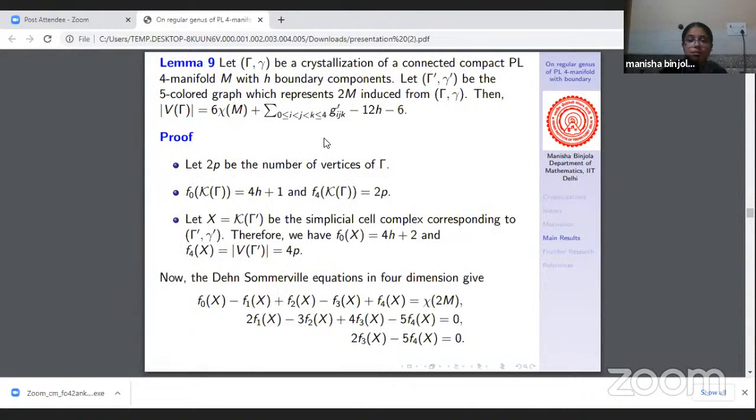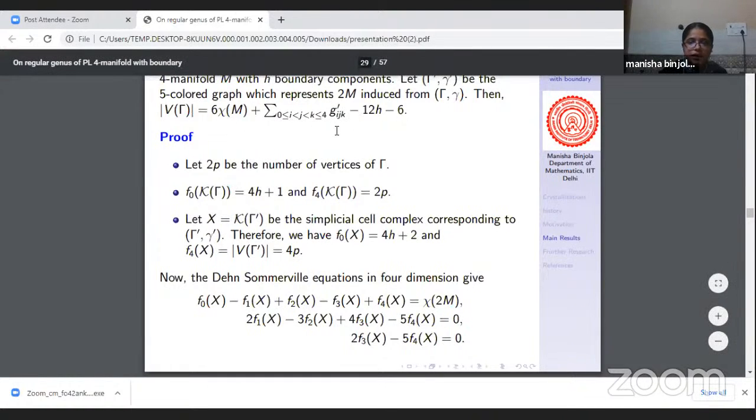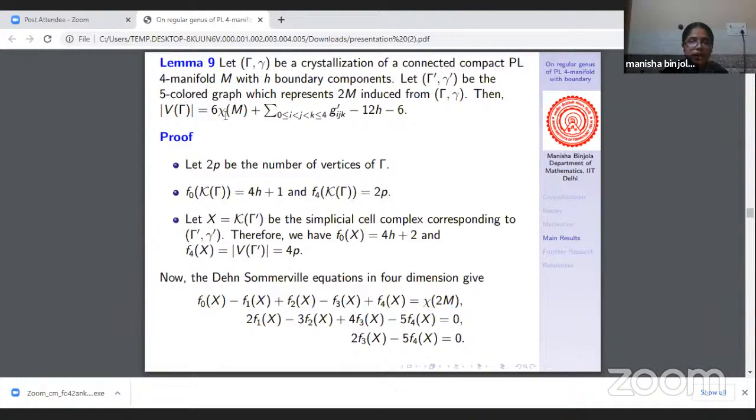Now let gamma be a crystallization for a manifold with H boundary components, and gamma dash is the same induced from gamma. Then we have a relation between the number of vertices and G dash. So we express V gamma in terms of G dash ij. Here this chi is the Euler characteristic. Okay.